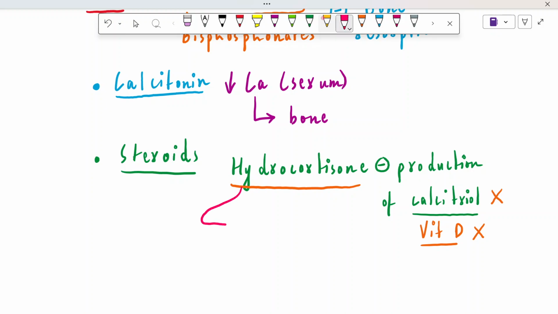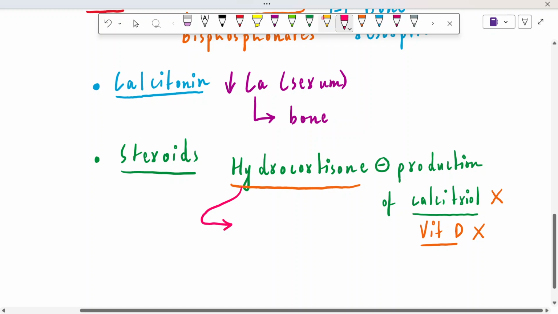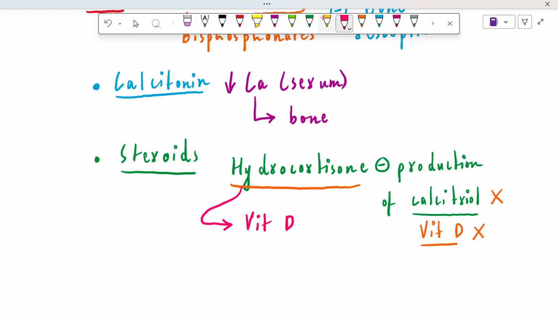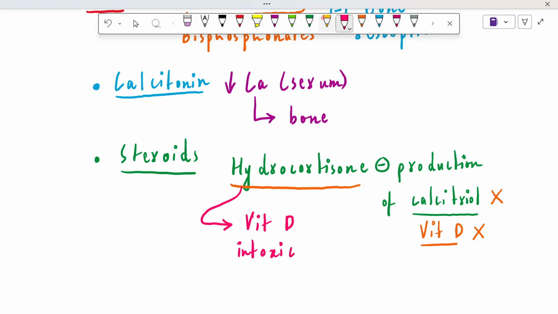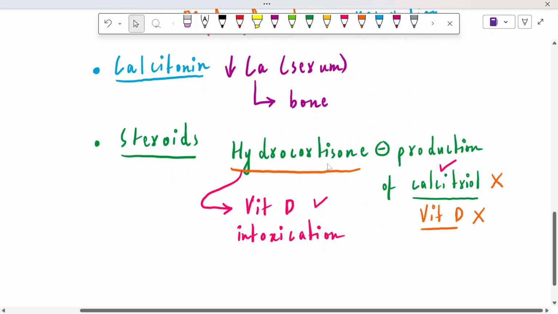Hydrocortisone is not only used for hypercalcemia, it is also used in case of vitamin D intoxication. Vitamin D intoxication means that the level of vitamin D is increased in the blood, and we need to reduce the vitamin D. Exactly, calcitriol needs to be reduced. That's why we are using hydrocortisone.